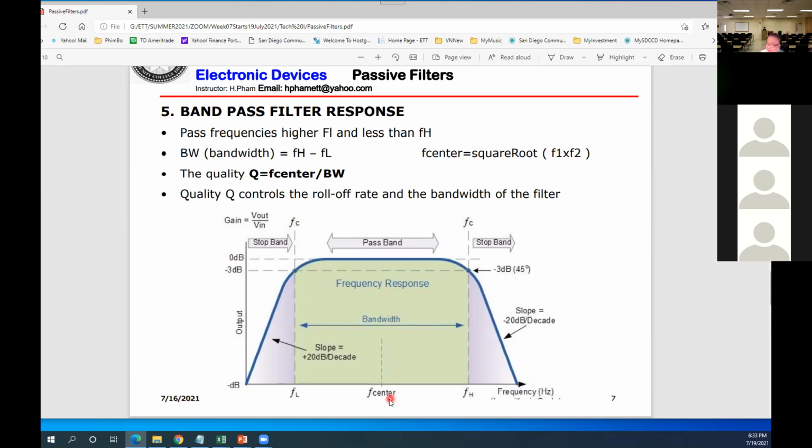This is the F center right here, and the bandwidth you already know. The quality factor Q controls the roll-off rate and the bandwidth of the filter. That tells you that with a better Q, the filter will be better.